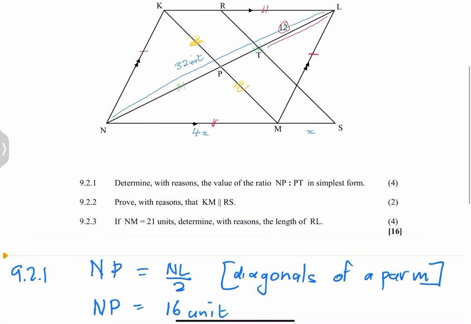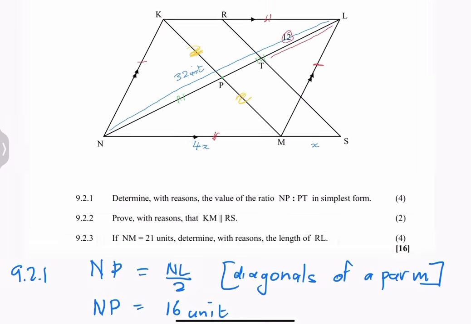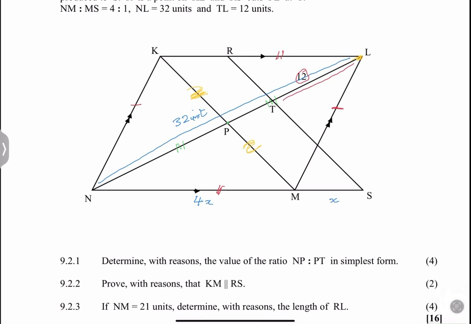Now that we know NP is 16 units, remember we're looking for NP to PT. It also means that LP is 16 units, where they intersect. But we know that LT is 12, so that's 16 minus 12, which means PT would actually be 4 units.